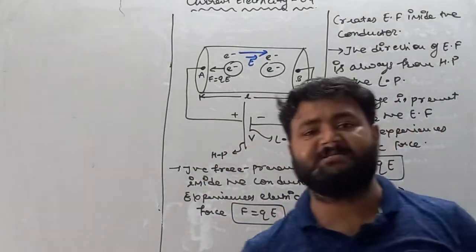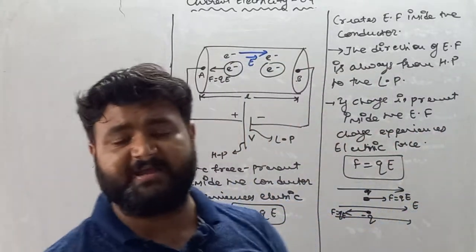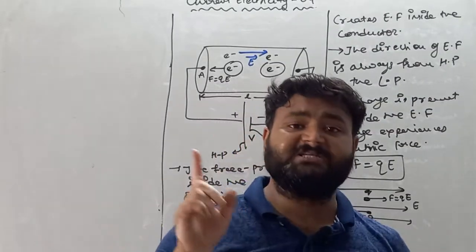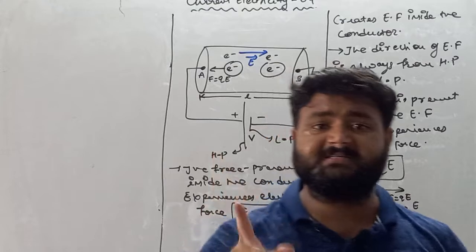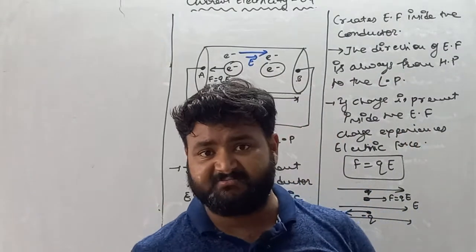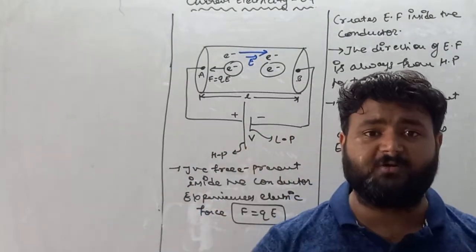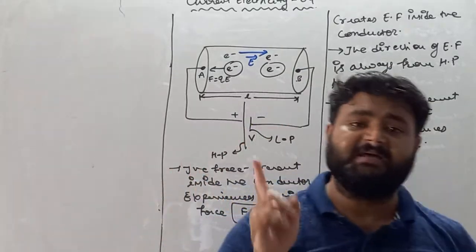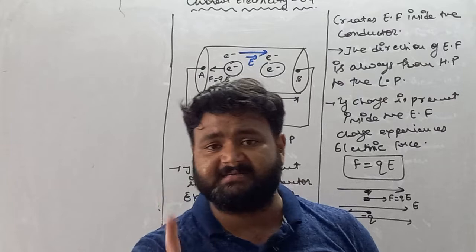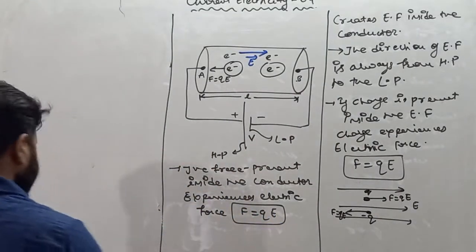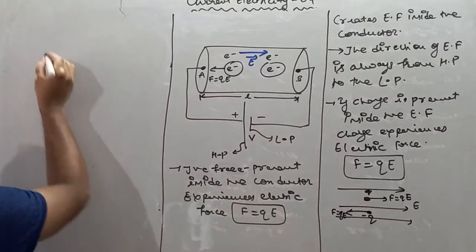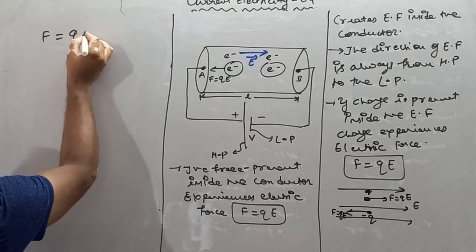Each electron experiences the same force, because for every electron the charge is the same and the electric field is the same. The direction of force is also the same, because all electrons carry negative charge, and we know that the force experienced by a negative charge in an electric field is opposite to the direction of electric field. So the force experienced by each electron is F equals QE.